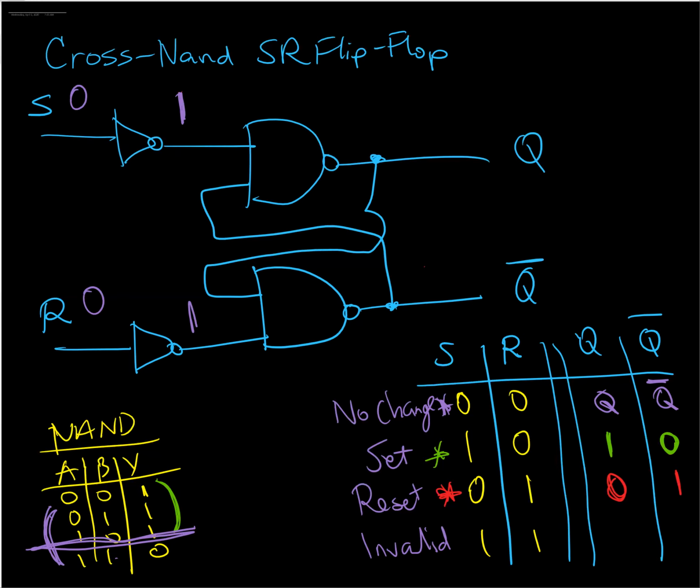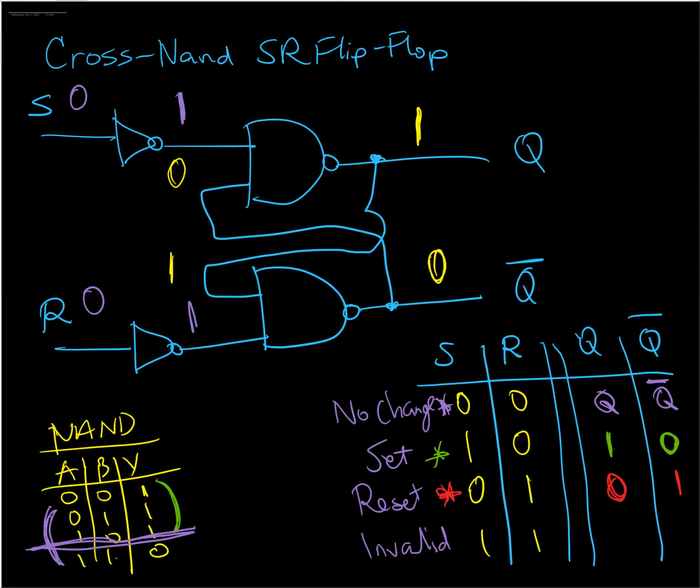So for the case where Q was originally set, we have Q being 1 and Q bar being 0. Now, if that was our starting point, this 0 would feed back to here. And if any input to a NAND gate is 0, we know the output is 1. That 1 feeds back to here, causing a 0. And we can see that, yes, there's no change, right?